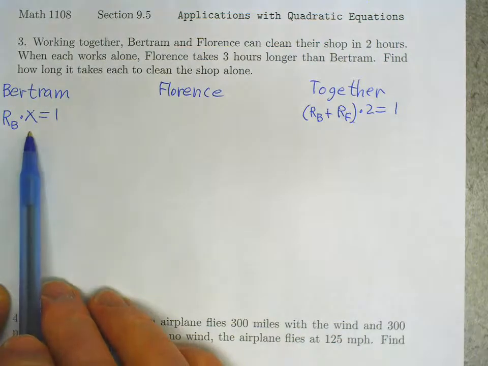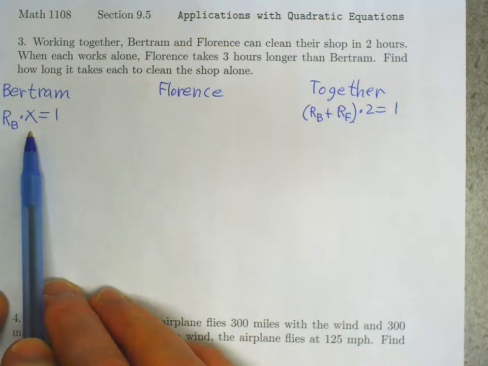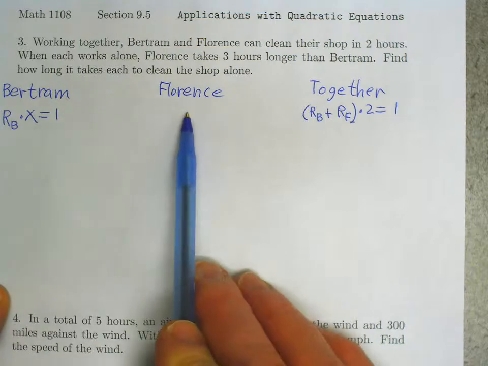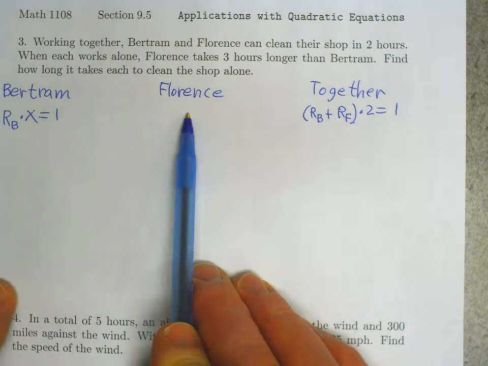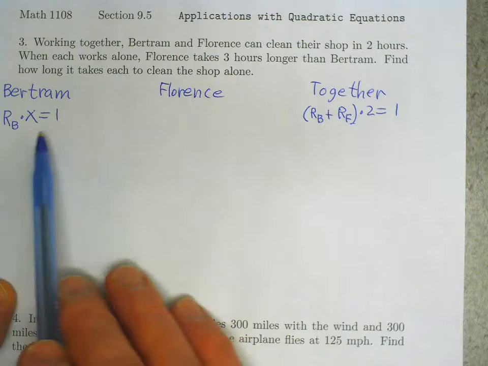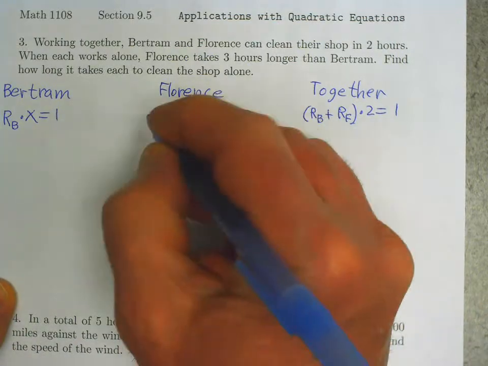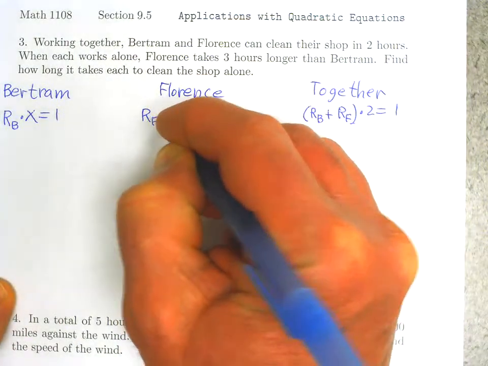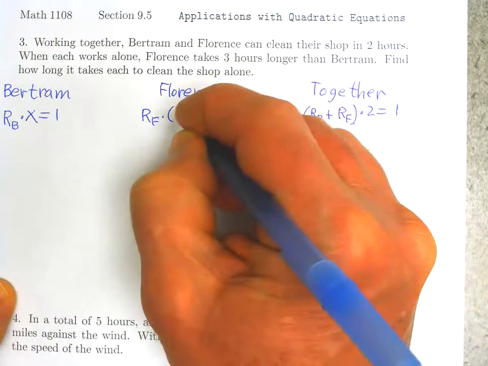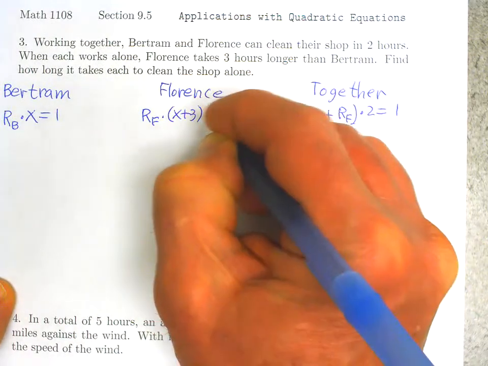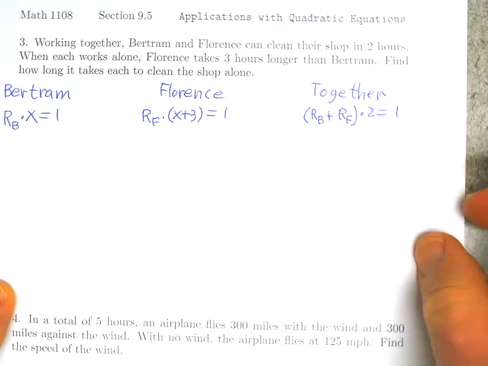So X represents, you can use any variable you want. Okay, and then Florence takes 3 hours longer than Bertram. So Florence will take X plus 3 hours because it's 3 hours longer than Bertram.